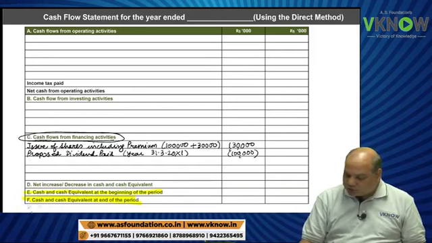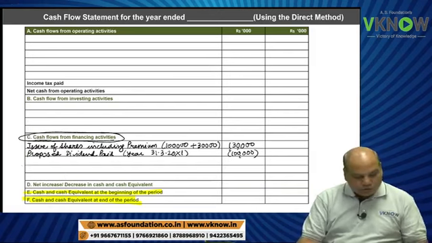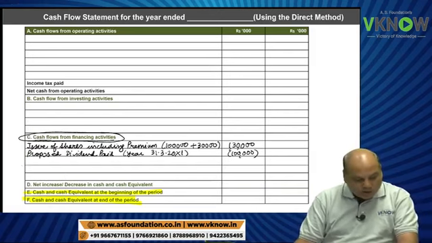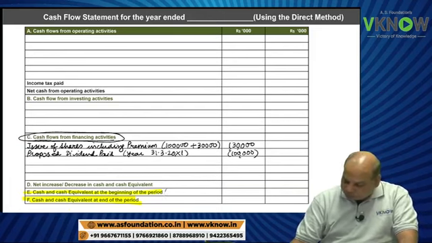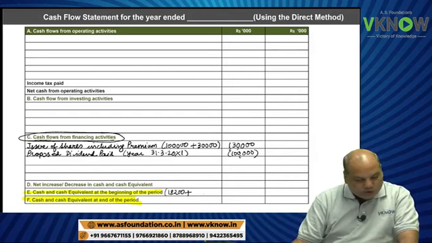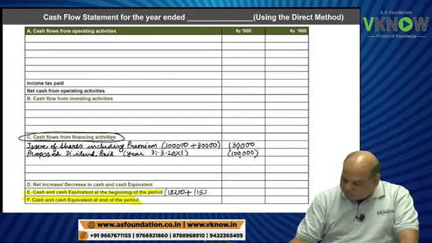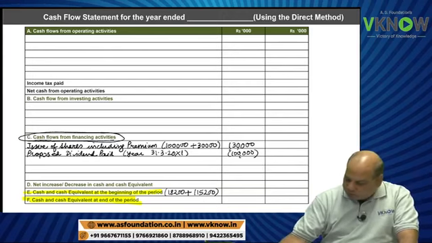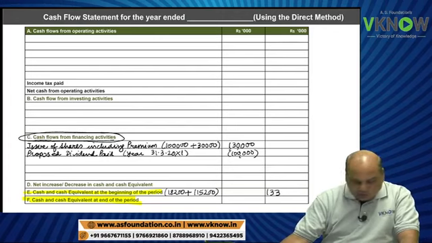Last 2 points on the screen: you have to add cash in hand 18,200 plus cash at bank 1,15,200. Together this will be 1,33,400.